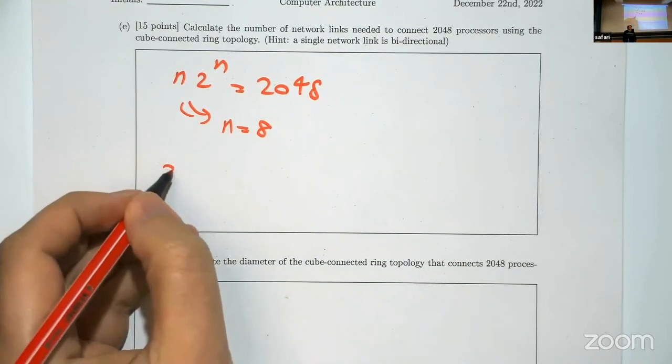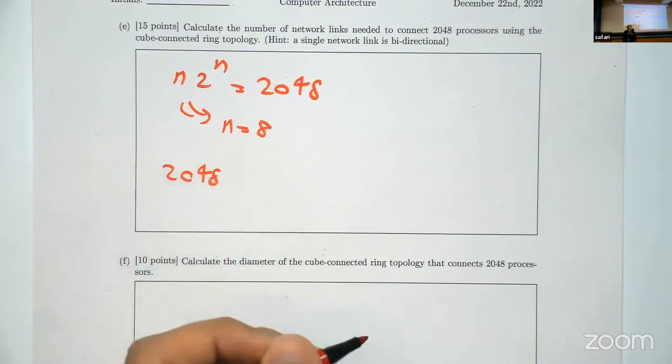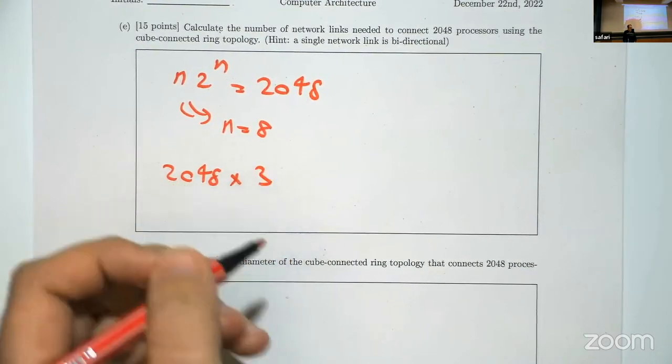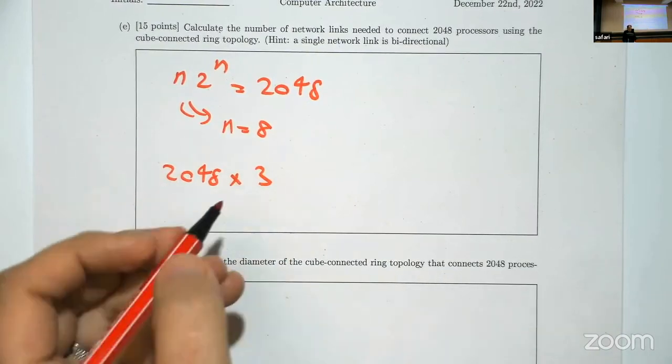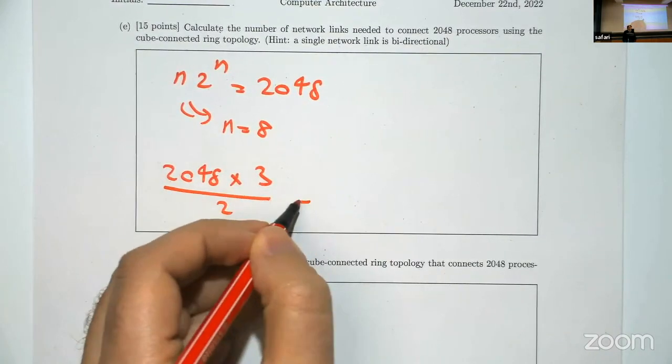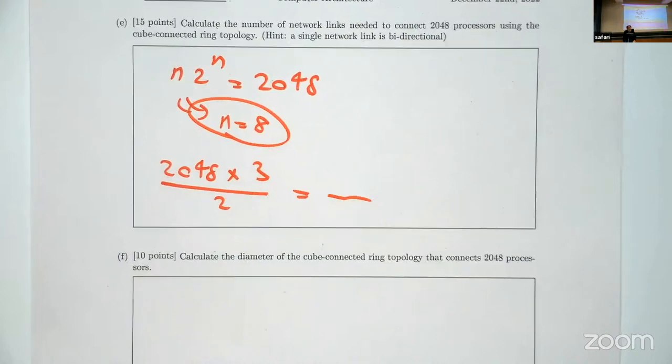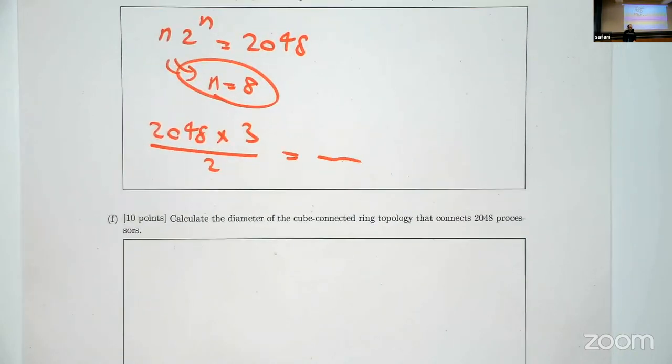We have 2048 nodes, and the degree of each node is actually 3, right? Because each node has 3 neighbors, divided by 2. But it's good that we also calculated n here, though we don't really need it. We need it for the next question, I guess.